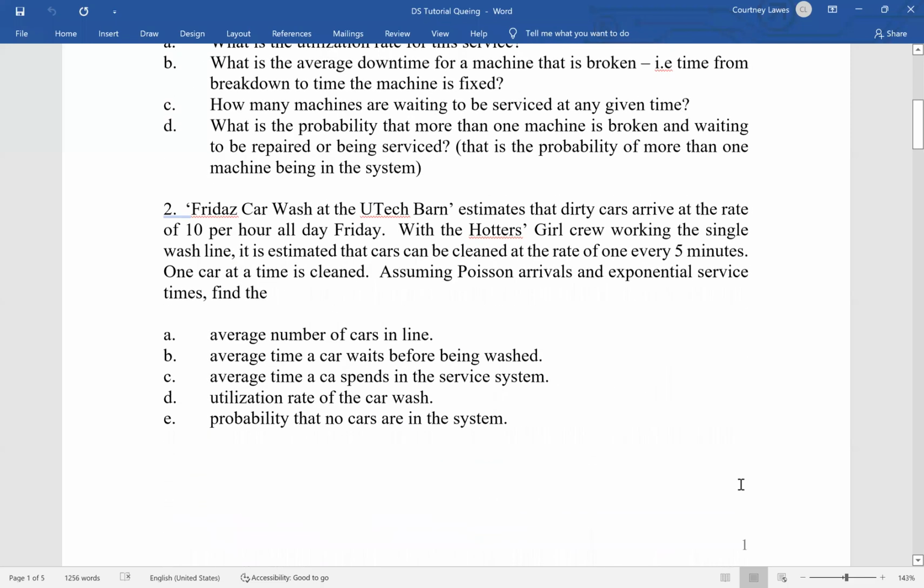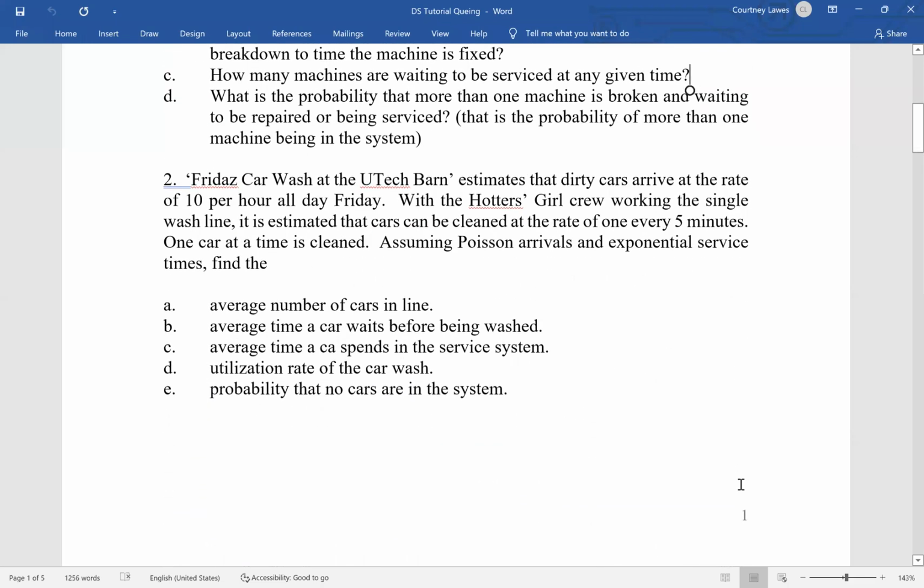Okay, question 2 says, Friday's car wash at the UTEC barn estimates that dirty cars arrive at a rate of 10 per hour all day Friday, with the crew working the single wash line. It is estimated that cars can be cleaned at the rate of 1 every 5 minutes.